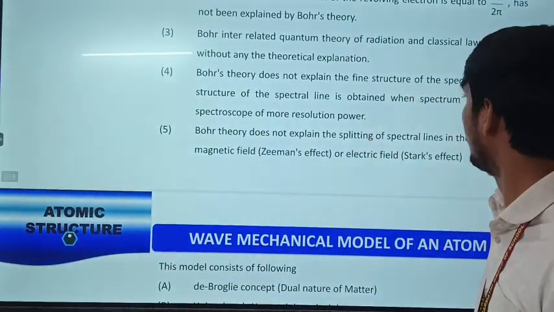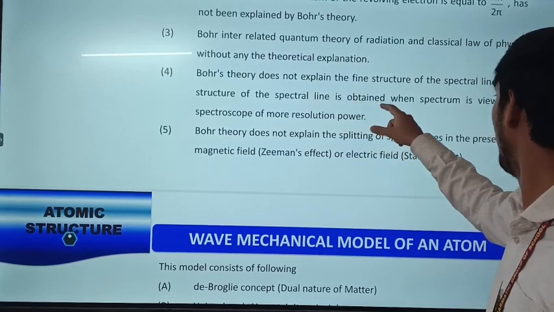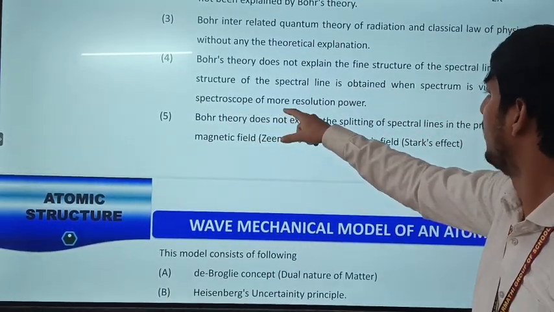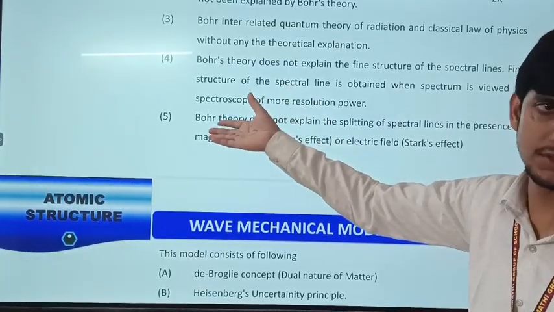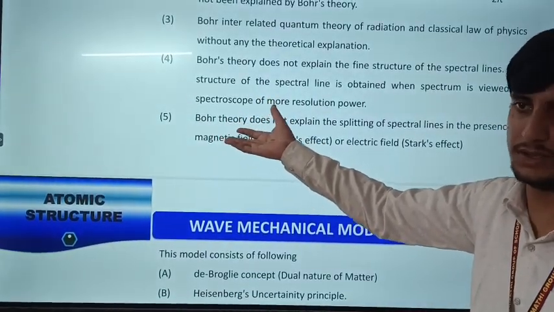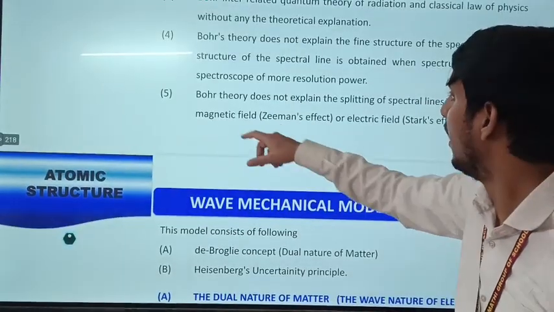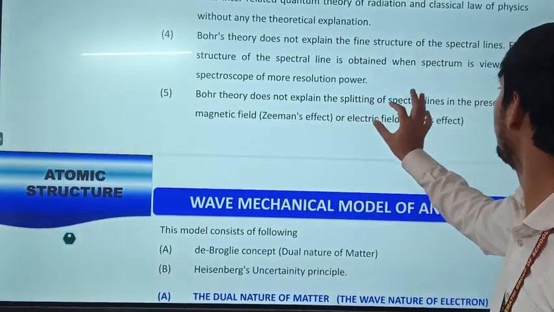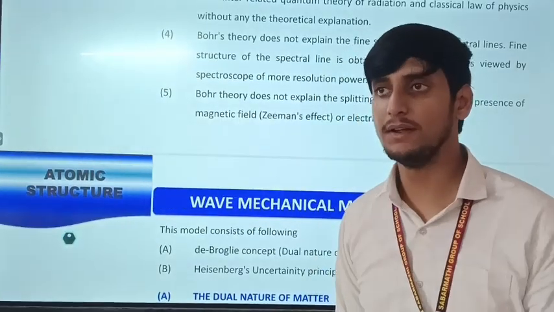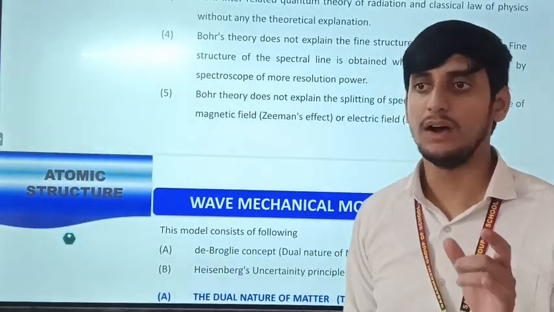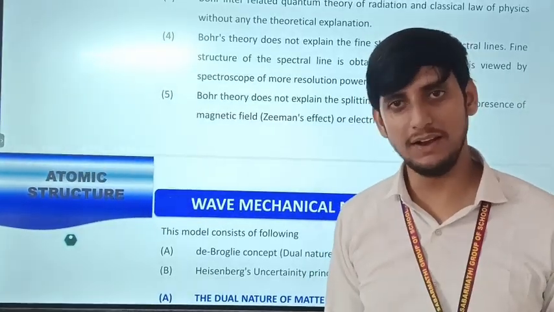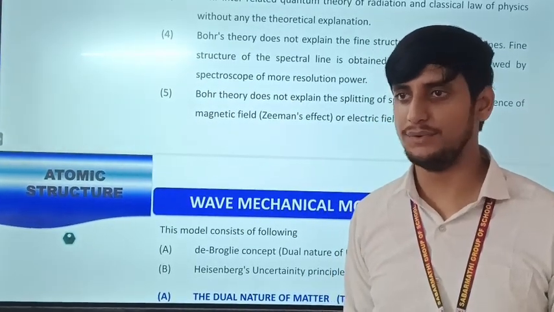Finer structure is a spectral line obtained when the spectrum is viewed by a spectroscope of more resolution. A spectroscope is the device used for this. Bohr's theory also does not explain the splitting of a spectral line in the presence of electric field and magnetic field.